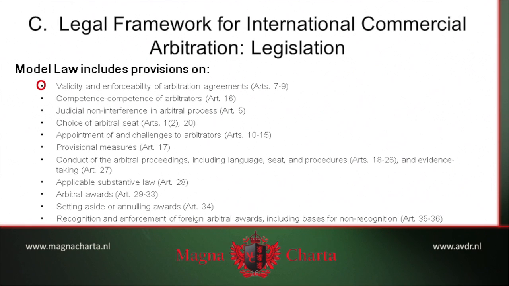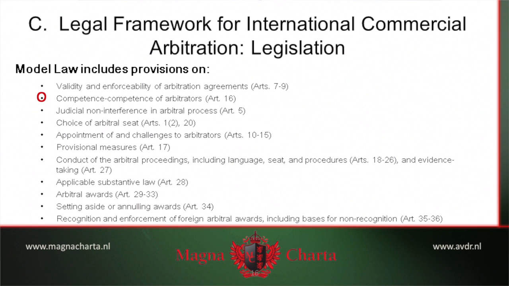The model law expands and makes much more particularized the legal framework that we saw in the New York Convention. Among other things, the New York Convention in Articles 7, 8, and 9 contains provisions on the validity and enforcement of international commercial arbitration agreements. It contains provisions on what's called the competence, the jurisdiction to decide jurisdictional issues, of the arbitrators.